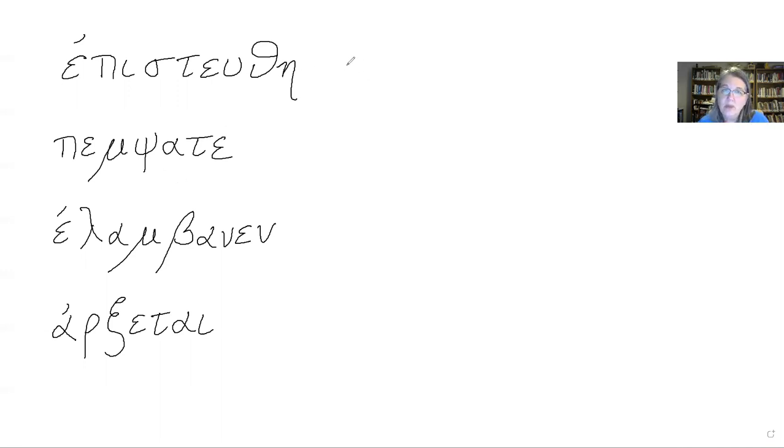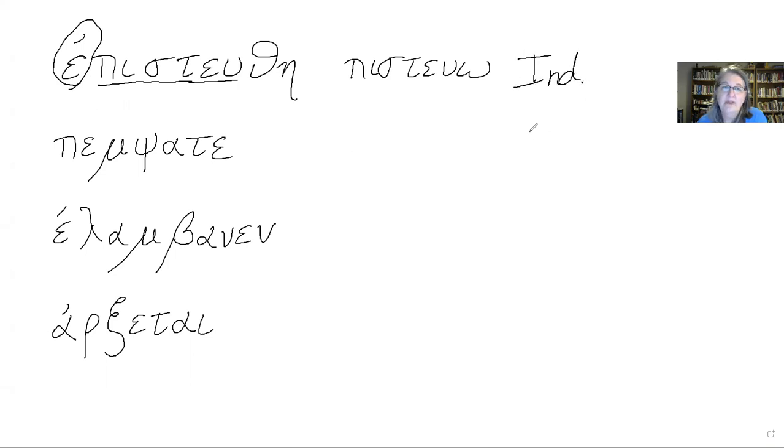So in number one, we have the verb pisteuo. And if you know that the lexical form is pisteuo, then you recognize the stem here, pisteu, and the epsilon augment is there. So again, the epsilon augment immediately tells you that this is an indicative verb. So we can write that down right off the bat.